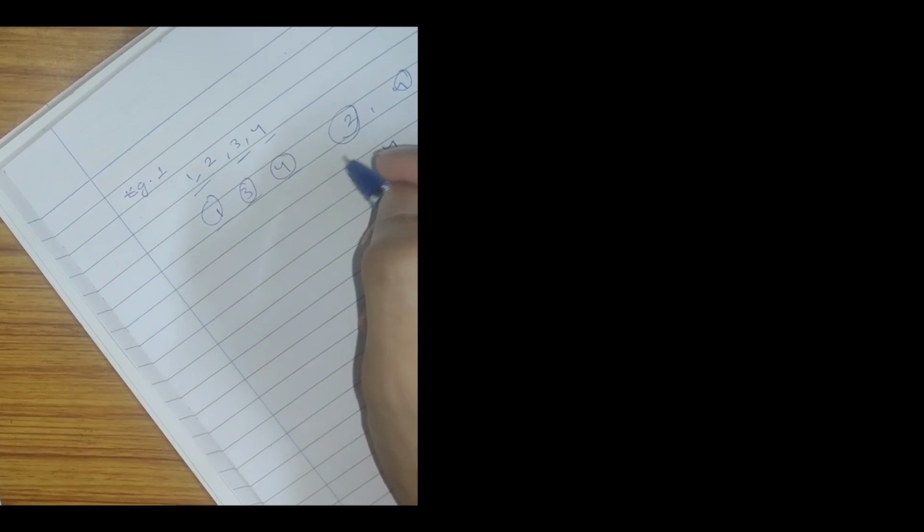Subsequence. These are also subsequences. You can choose it like that also: 2 4 3 4 1 4 1 2 2 4 2 3, like this, and this will be your sub 0, sub 1, sub 0, sub 1, sub 2, like this.